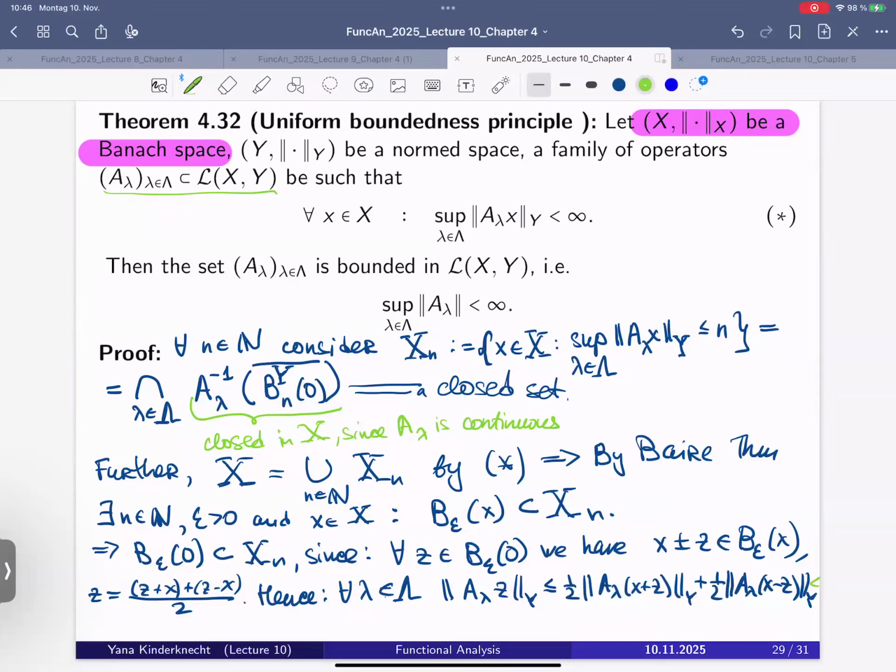So what is written here is smaller or equal than n. But this means that z belongs to X_n. So we have shown this. Agree? Yes.